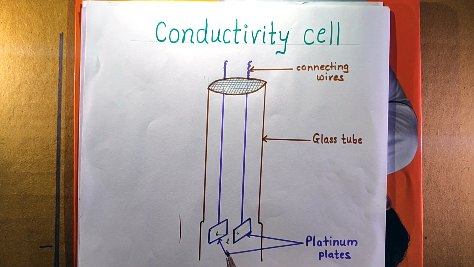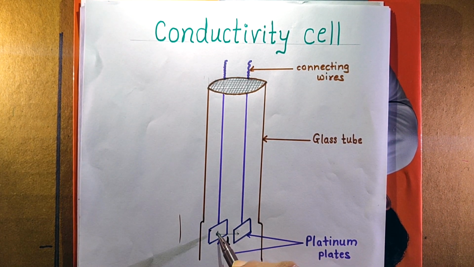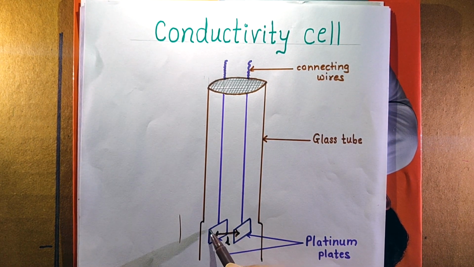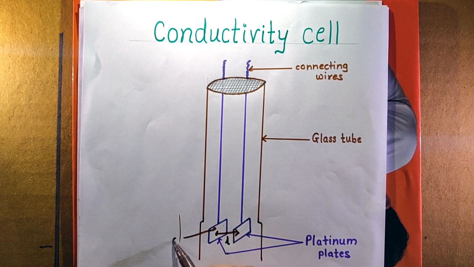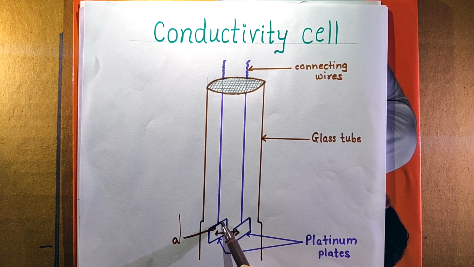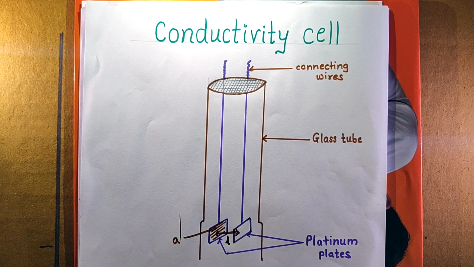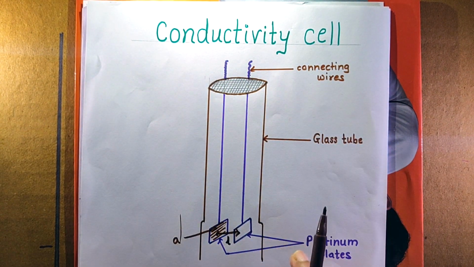These two platinum plates are separated by the distance L. The distance between these two plates is denoted by L, and the area of cross section of the plate is denoted by A. Here L is the distance between these two platinum plates. So you can understand what is a conductivity cell.